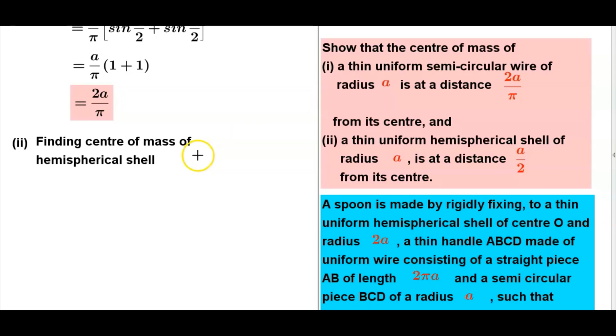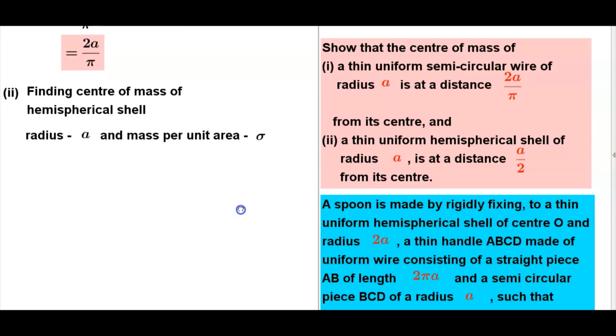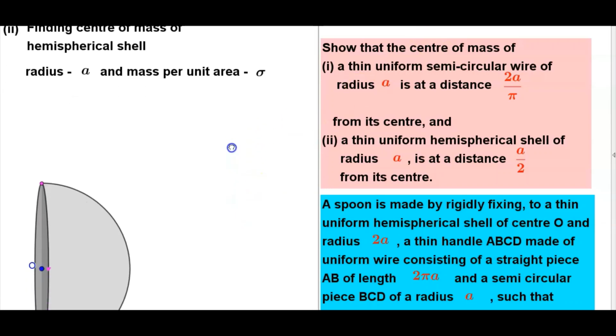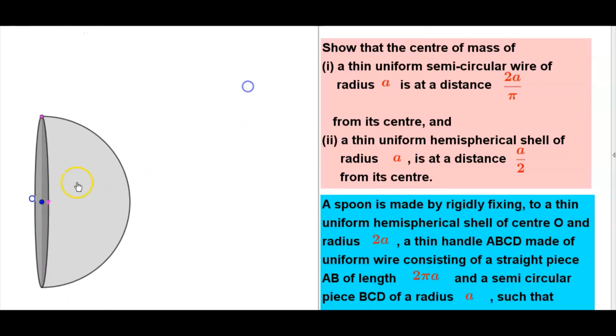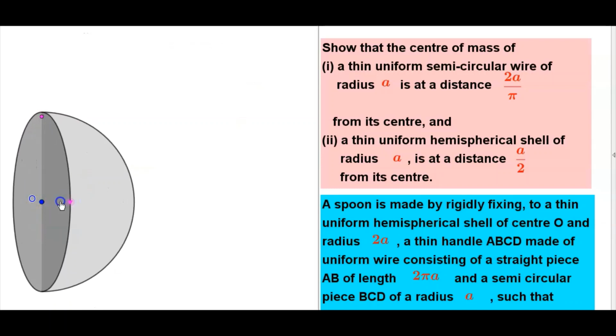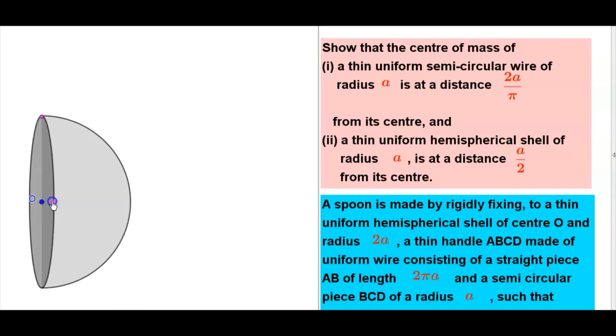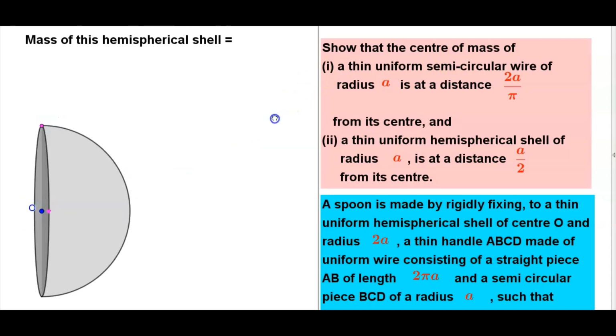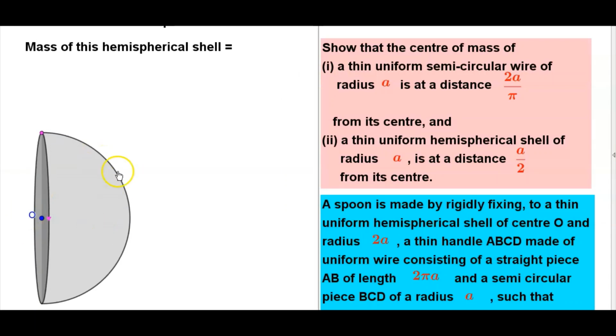Finding the center of mass of a hemispherical shell of radius a and mass per unit area sigma. This is one of the hemispherical shell with center O. Mass of this hemispherical shell: we want to find the total surface area.